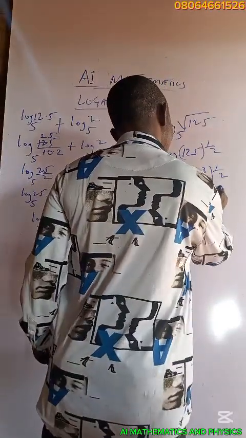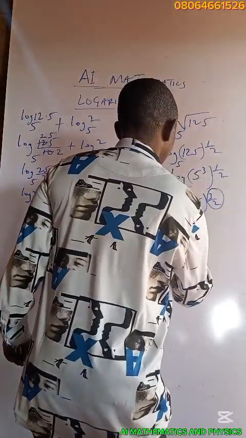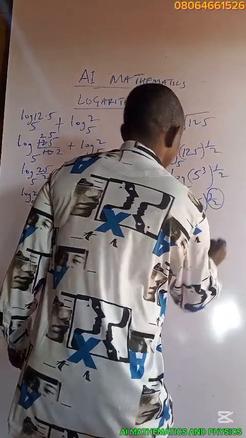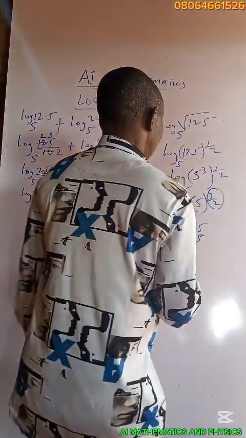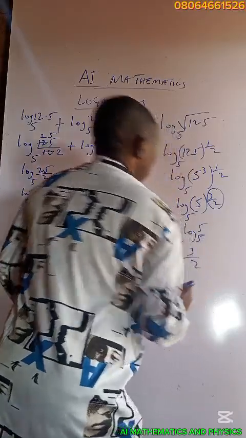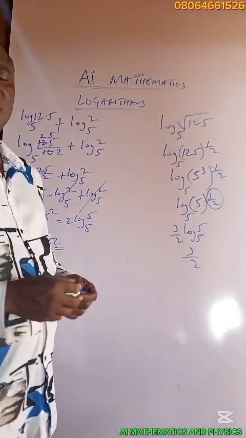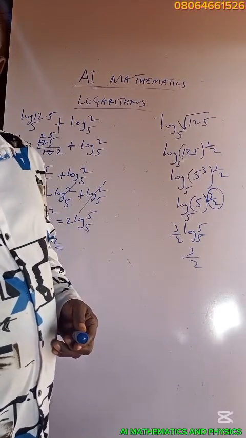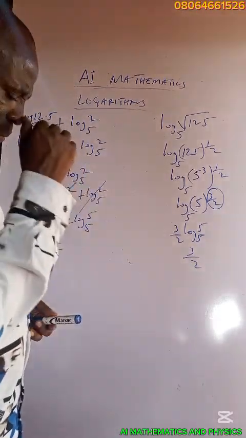This is power. That's 3 over 2 log 5 base 5. And log 5 base 5 is what? 1. That is 3 over 2. That's our final answer.